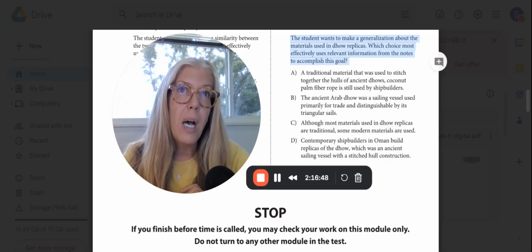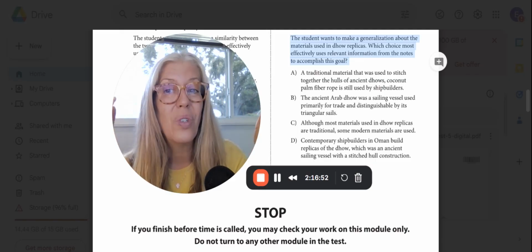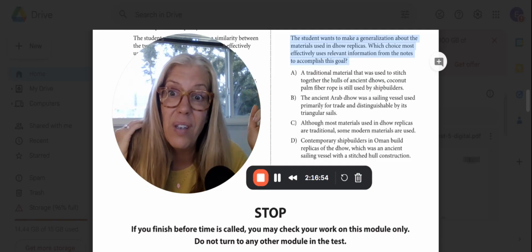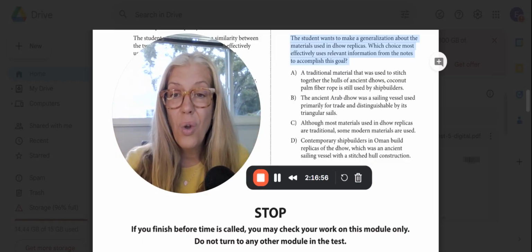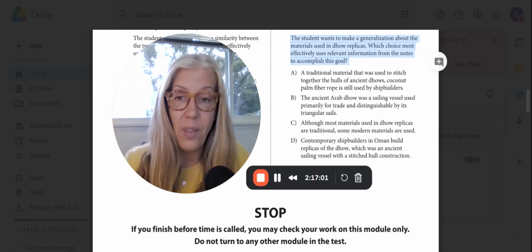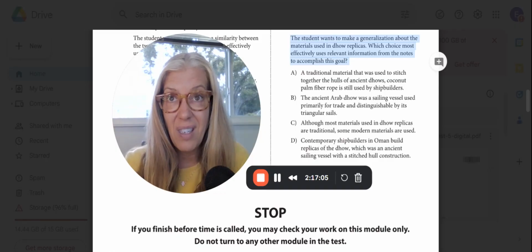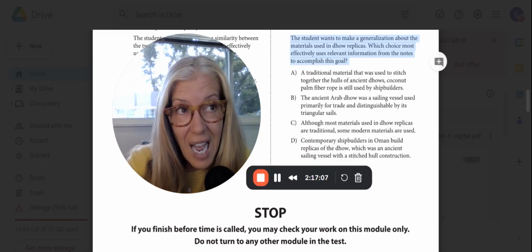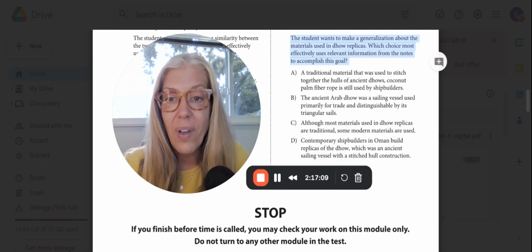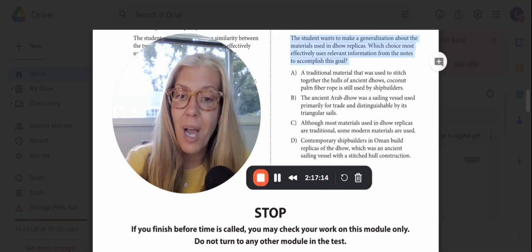Out of probably 100, there's probably 3 that I actually had to use the bullets to make sure that I understood what the question was actually asking me. But all in all, the very first thing I did was go through and try to narrow down and say, okay, this doesn't actually do what the question is asking me to do, so I can get rid of it. And then I use the bulleted information, and that's just another way to save time.